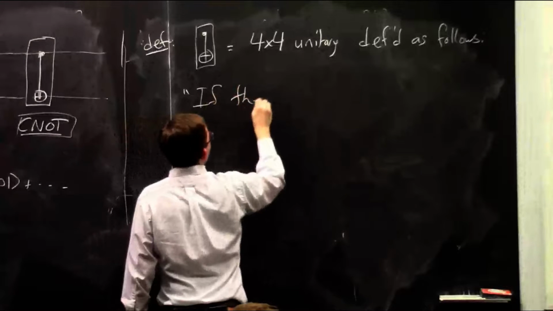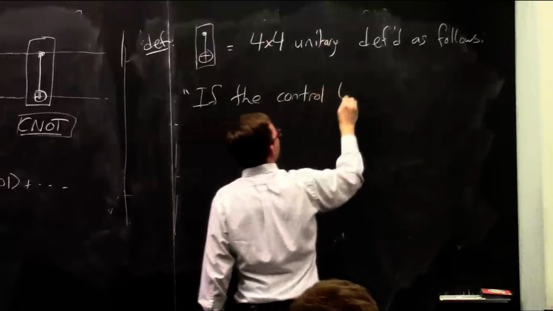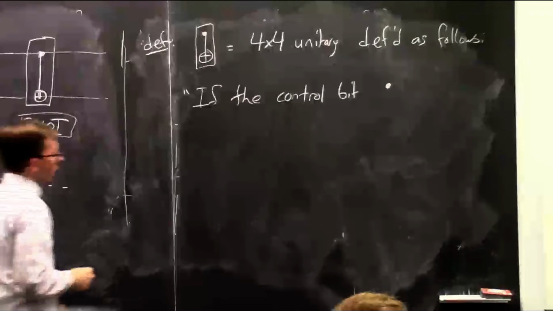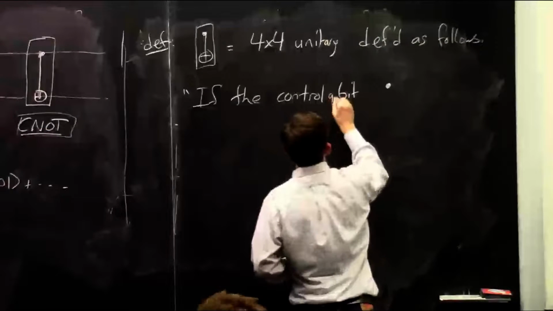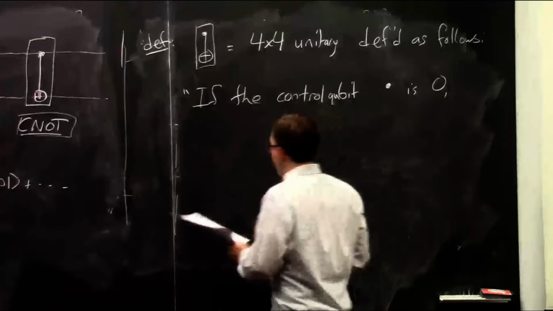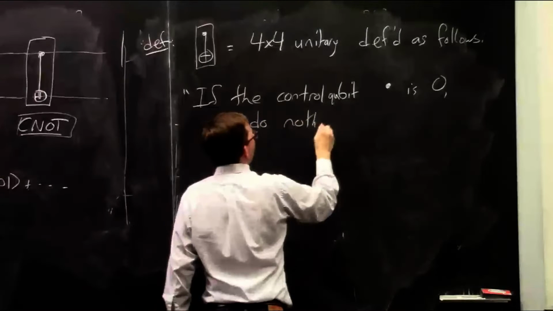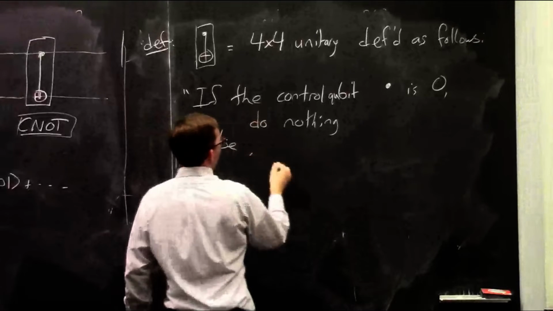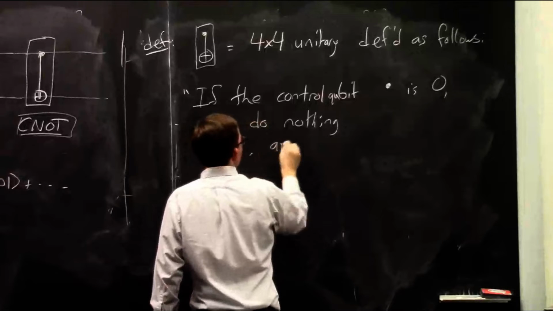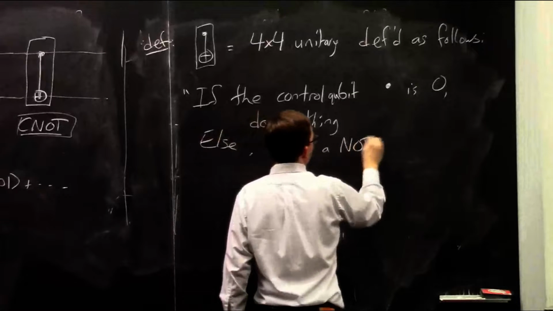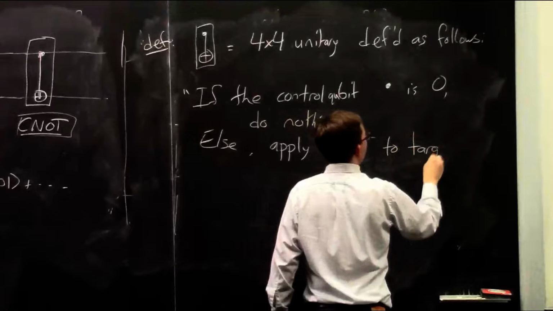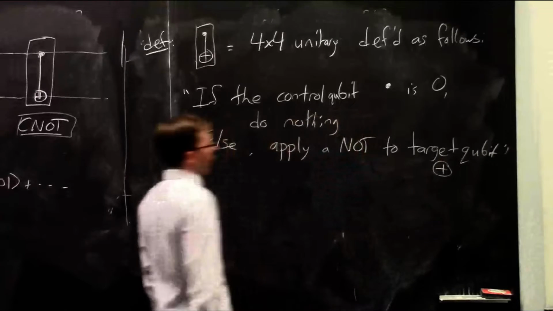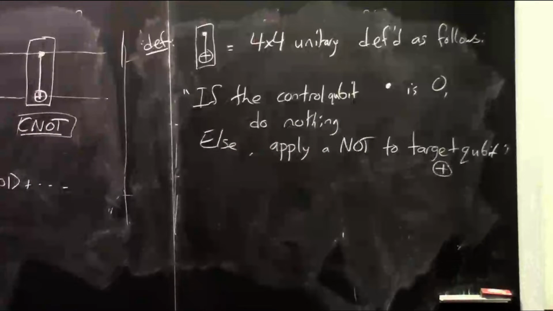If the control bit, that's a technical term, which is the one marked in the diagram with the dot, so in this case Alice's qubit, is 0, then do nothing. Else, meaning if the control qubit is 1, apply a NOT gate, if you will, to the target qubit. And the target qubit in the diagram is the one marked with this ⊕ symbol, which in this case is Bob's.